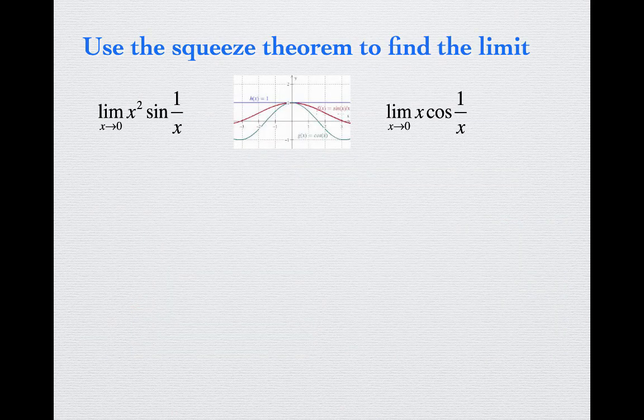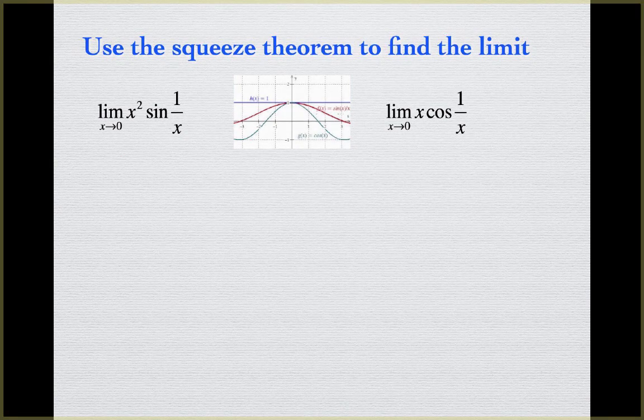So it says here to use the squeeze theorem to find the limit. Here we have the limit as x approaches 0 of x squared sine of 1 over x. We want to use the squeeze theorem to find the limit.